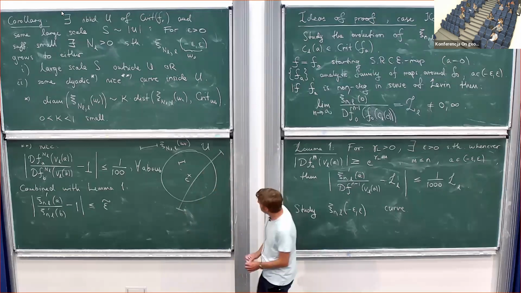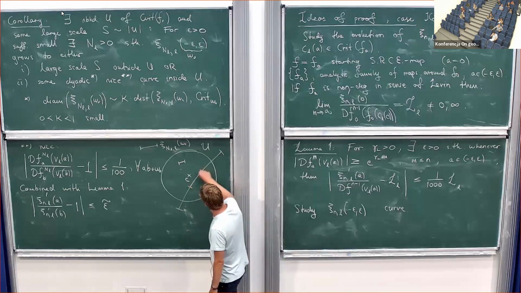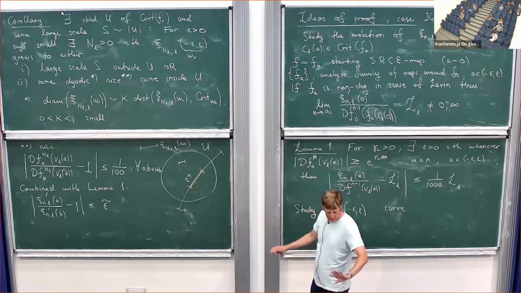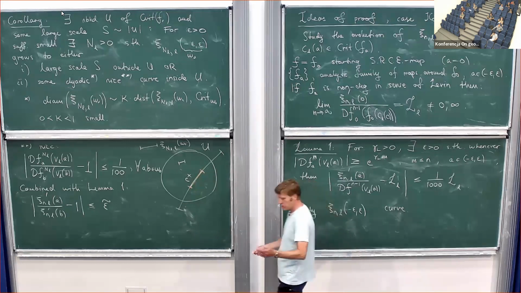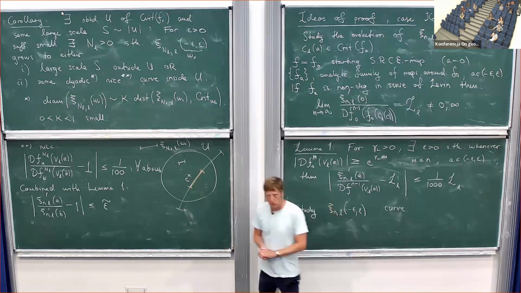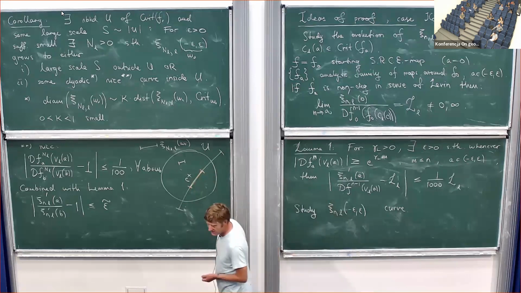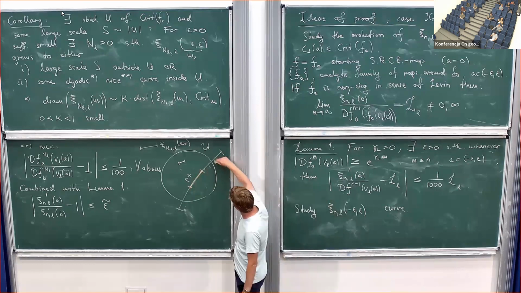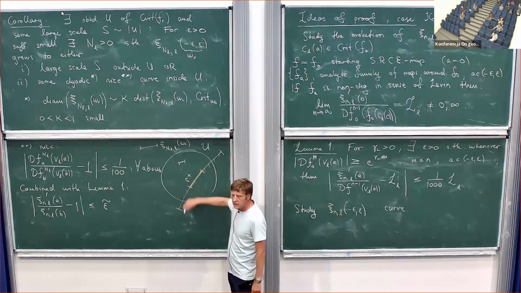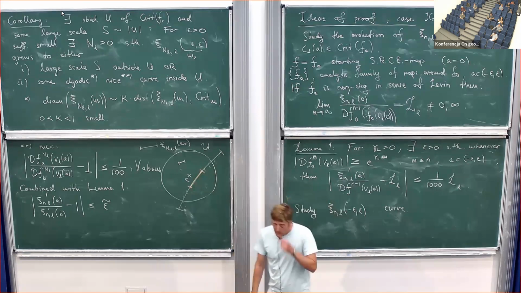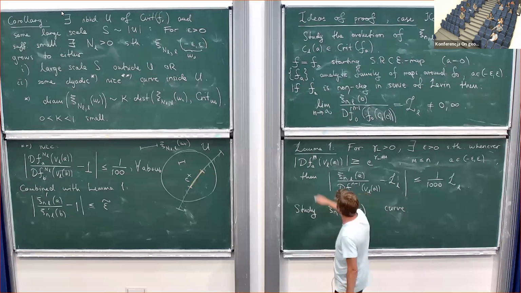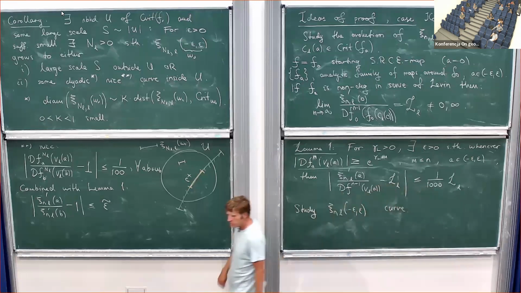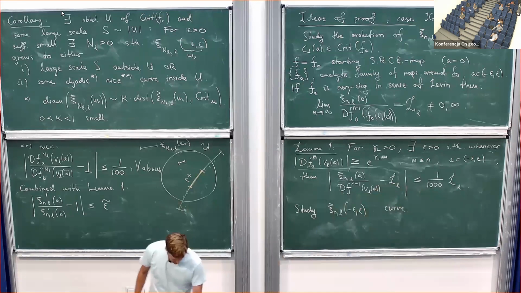You have to delete parameters which are too close. That's what you're doing, and I'm not going to do the details here. This is the Benedicks-Carleson parameter exclusion technique, which you all know. No, you don't know it, but some know. It's a complicated machine. So what you will construct is you keep these parameters corresponding to these intervals here, and you create a Cantor set of parameters which are good, which have this property. Then you can use this over and over again and construct a Cantor set of positive measure. So that's how you do it.